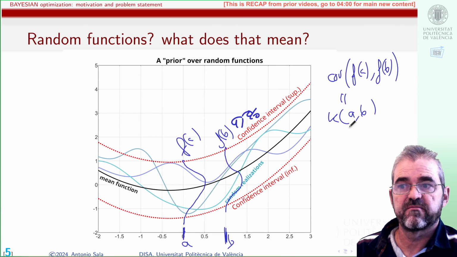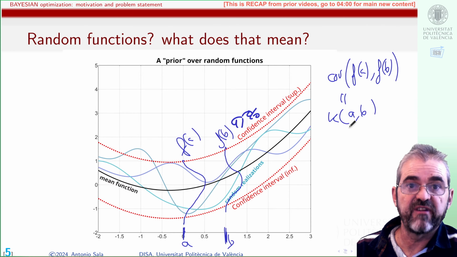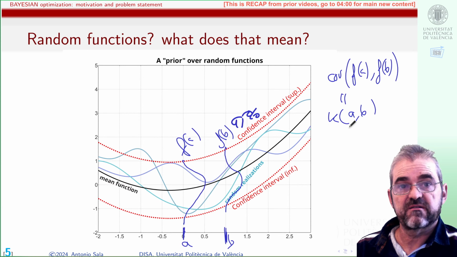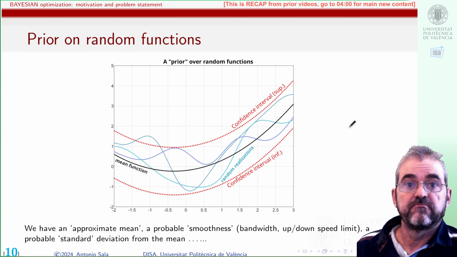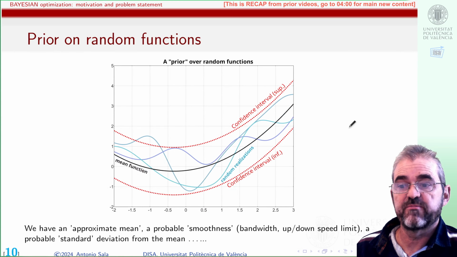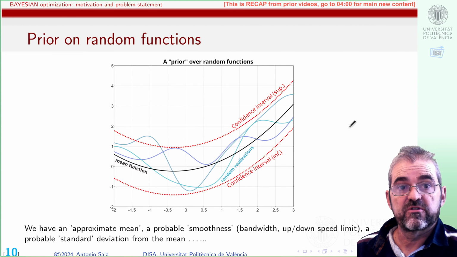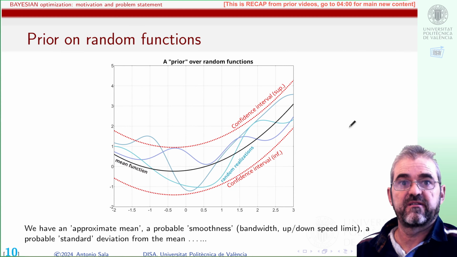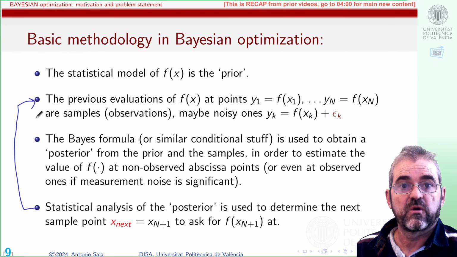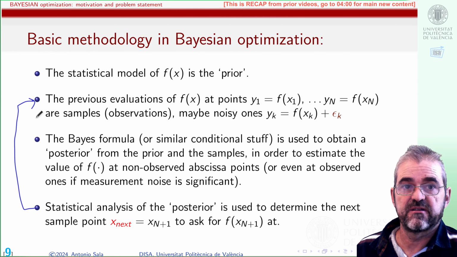But with this mean, variance and covariance stuff, we described our prior knowledge on the function we are going to optimize, and we can encode some smoothness, bandwidth, and other characteristics with this Gaussian process stuff. We also discussed the fact that most Bayesian optimization techniques iterate these steps in here.